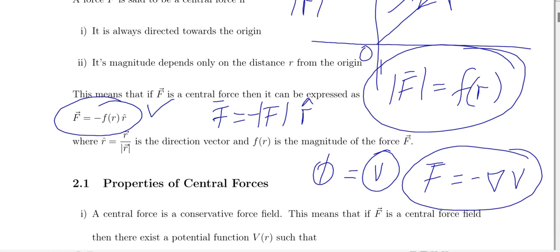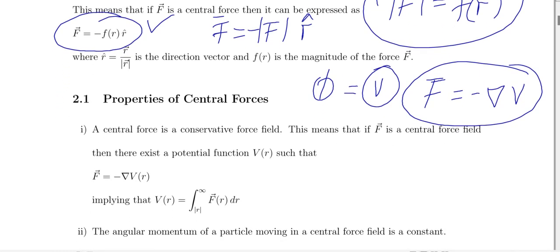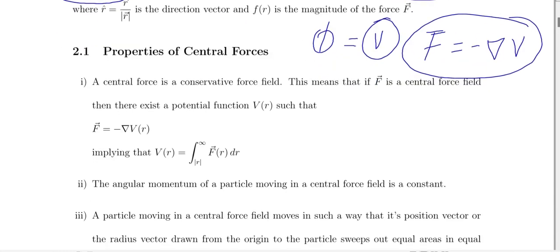So a central force will always be conservative. That means we can find the potential function V such that F is the negative gradient of V. And V can be obtained as an integral of F with respect to r.